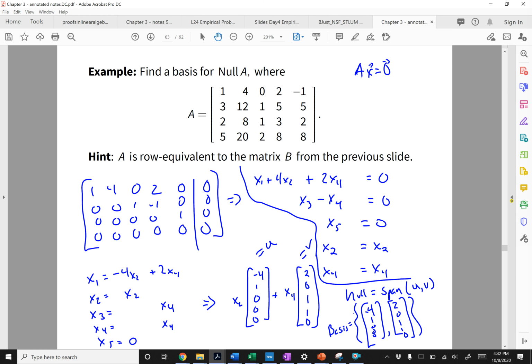So what we're going to do is augment it with 0, and then we're going to row reduce it. And it already told us that it's row equivalent to the matrix B from the previous slide, and if you go back 2 slides, then it already gives us our complete row reduced form, so it saves us a bunch of work.